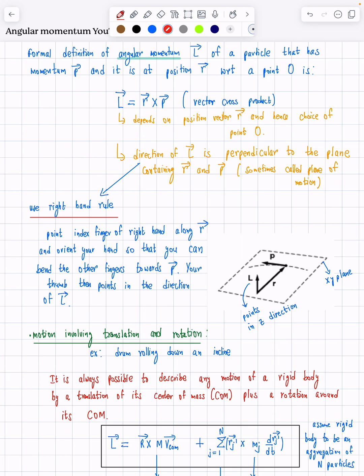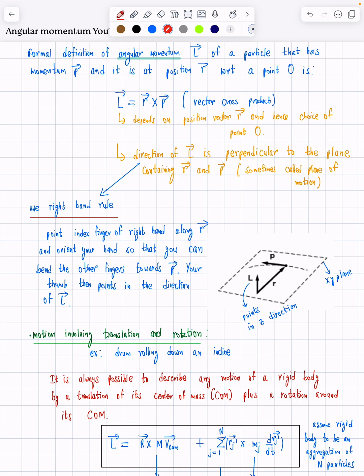What you do is point your index finger, the finger next to the thumb, along R, and orient your hand so that all other fingers bend towards P. In that case, your right hand thumb will be pointing in the direction of angular momentum. So in this picture, if R and P are on the xy plane, then angular momentum L will be pointing in the z direction.